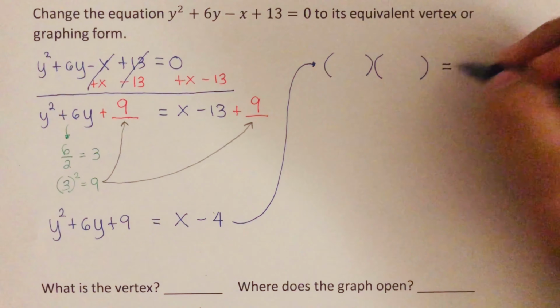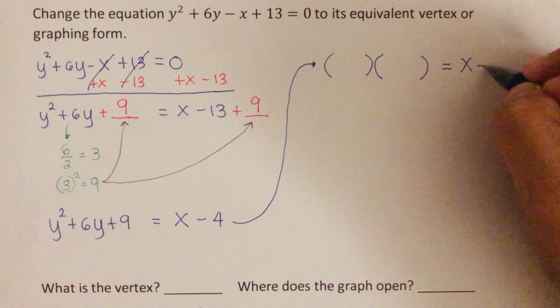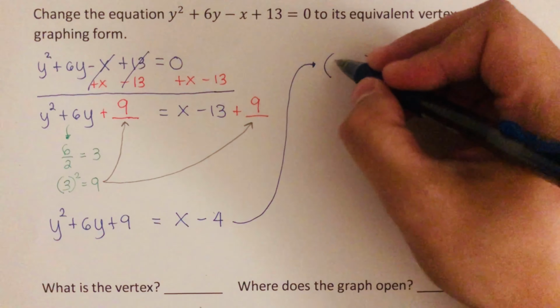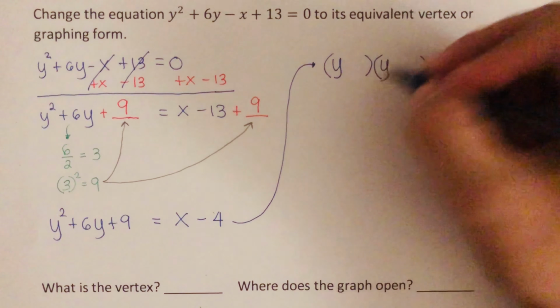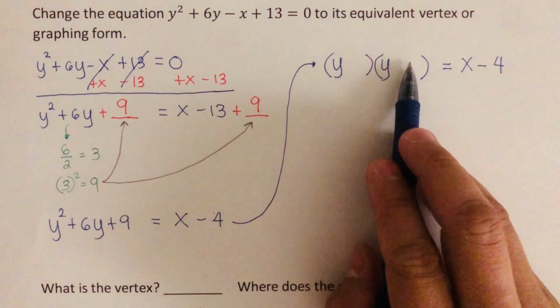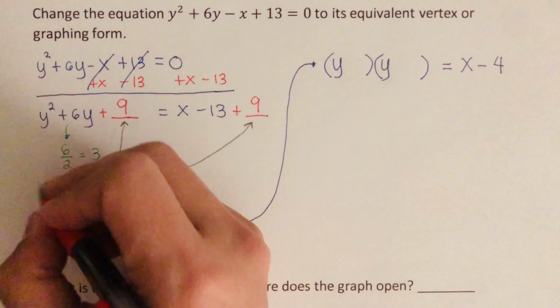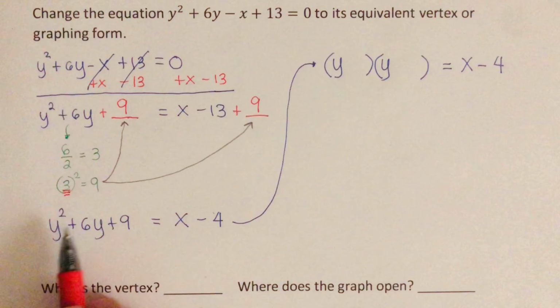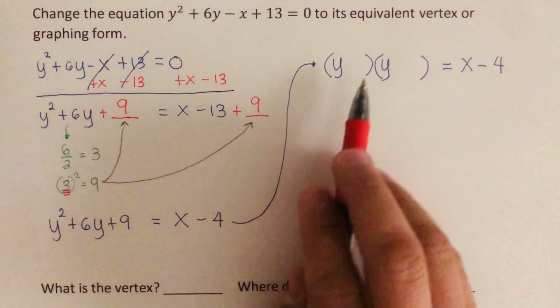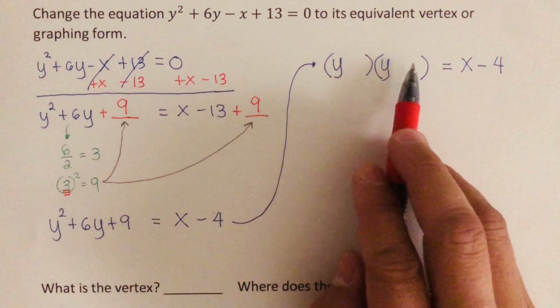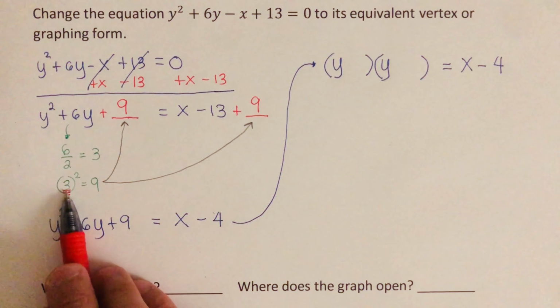That should be fine. But I'll give you a trick on how to quickly determine what numbers we write in here. So we know that it should be y and y. The ones that we pair up here would be this number right here. So that's the trick. Again, you can use the box and diamond to determine the factors, but the fastest way to determine what we write up here would be this number right here.